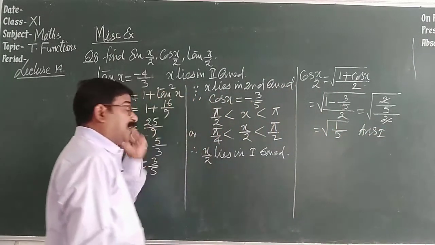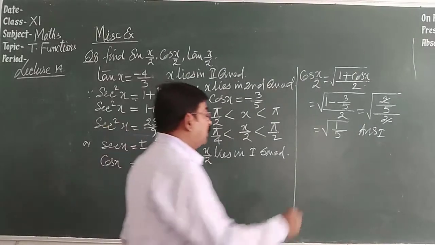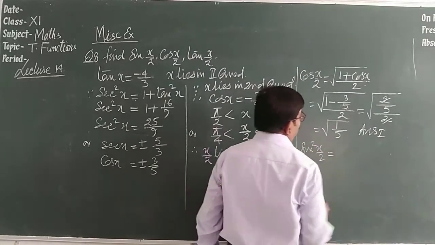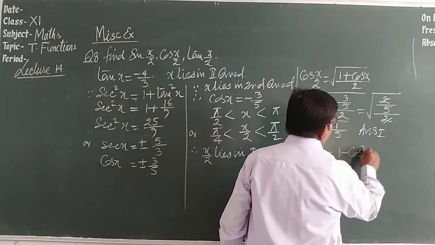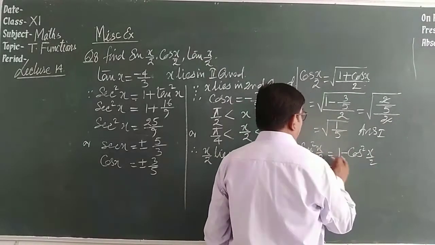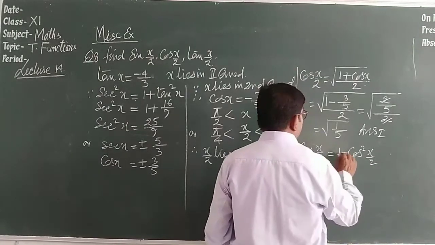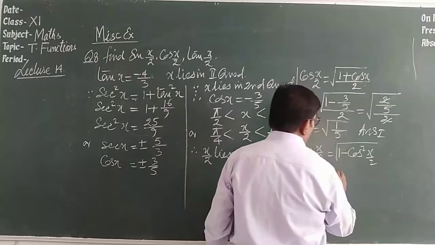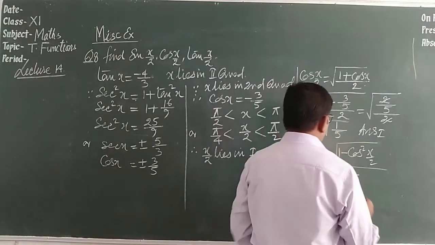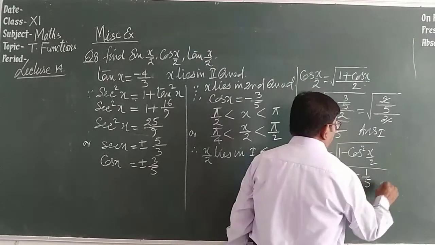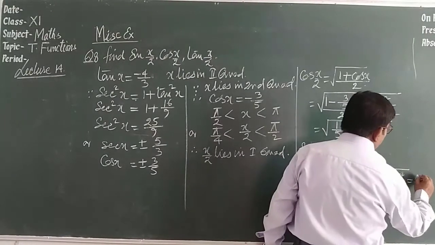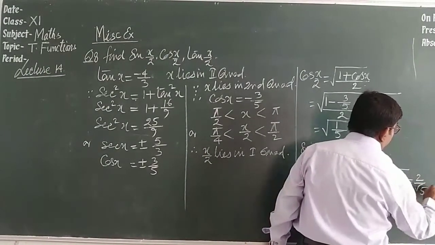Now if we have to find sin x by 2, sin square x by 2 is equal to 1 minus cos square x by 2, or you can write under root, sin x by 2 is equal to under root, direct formula. 1 minus cos square x by 2 is 1 upon 5, 5 under root 4 upon 5. This value is 2 upon root 5.